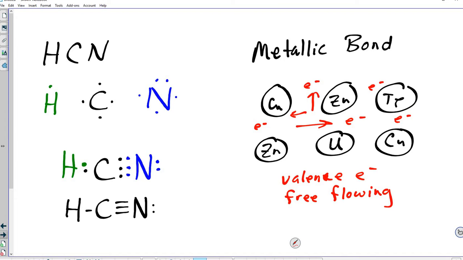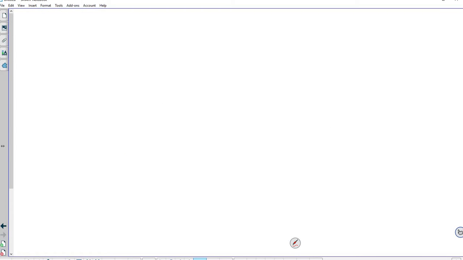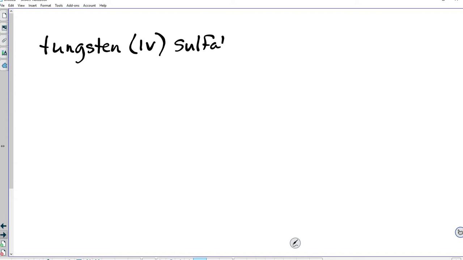Can you do the example of like the Roman numeral ones? One more time. Example of? The Roman numeral ones. Oh, the Roman numeral ones. Okay. So Roman numeral, let's do tungsten (IV) sulfate.